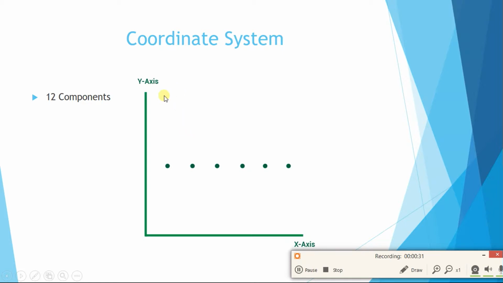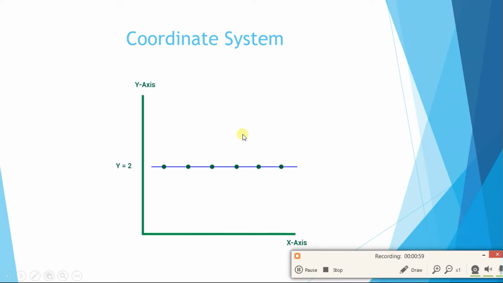You can see in this coordinate system there are 6 points and 2 dimensions, the x dimension and the y dimension, and each point needs 2 components to tell its position, its x component and its y component. So for 6 points there are 12 components.